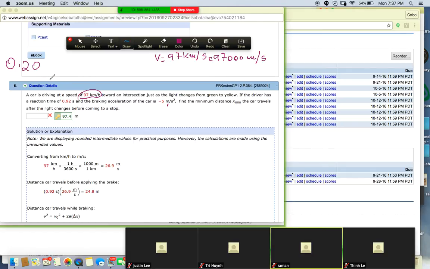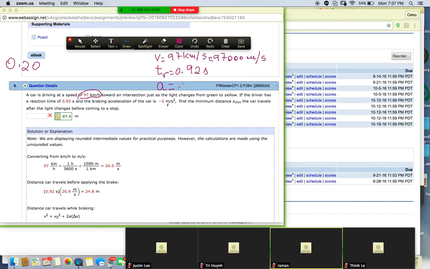Okay, if the driver has a reaction time of 0.92 seconds, and the braking acceleration of the car, so he sees the light, right?